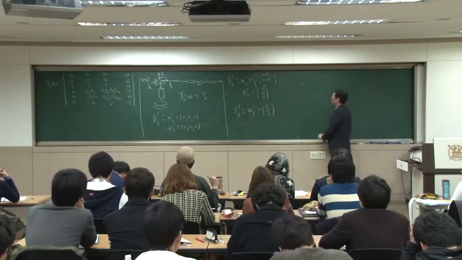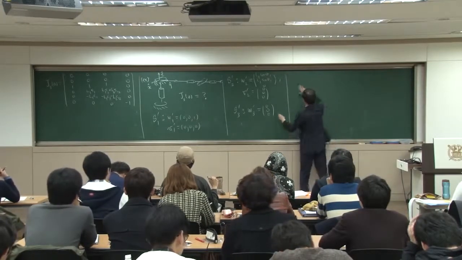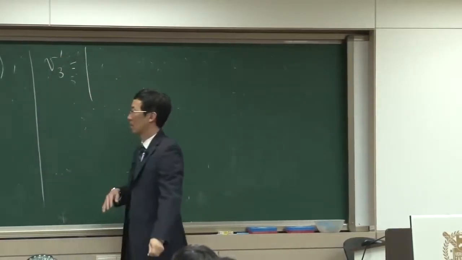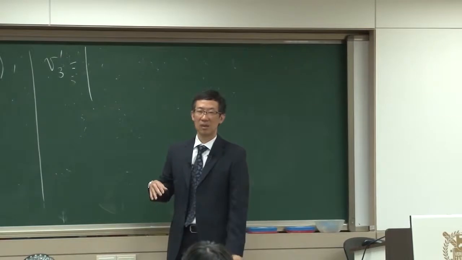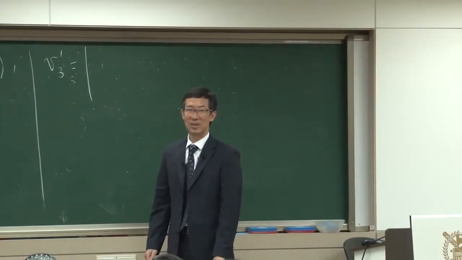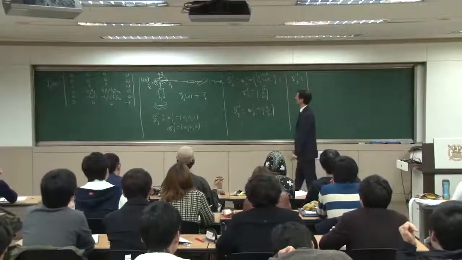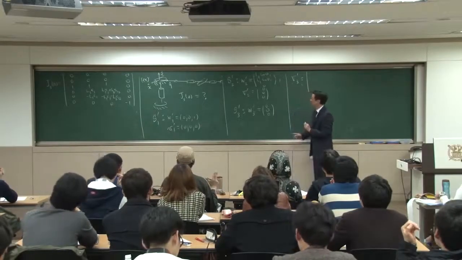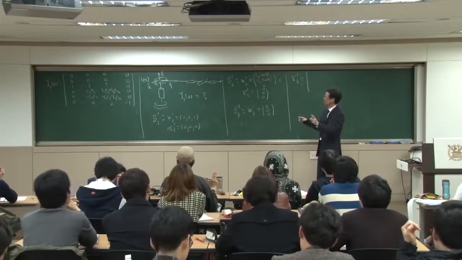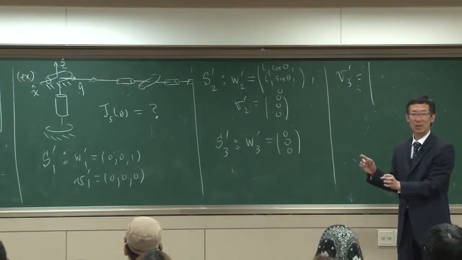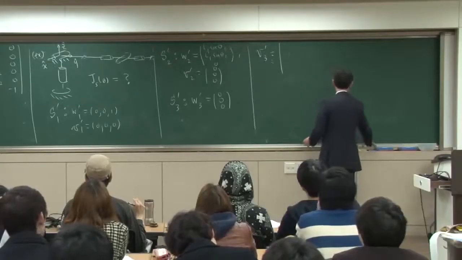Okay, V3 is joint axis 3's direction. V3 prime. Okay. Which way is it pointing? All right, maybe you have to do a little bit of calculation, right? So the direction of joint axis 3 depends on theta 1 and theta 2. Okay, but it's not too bad, I think.